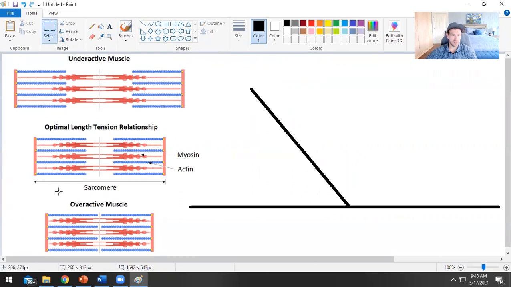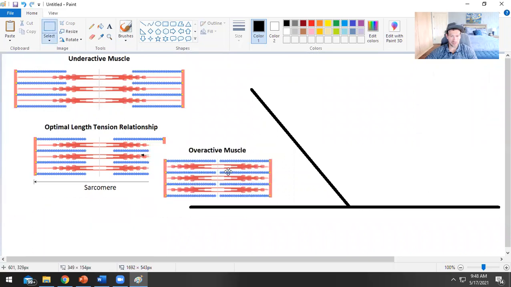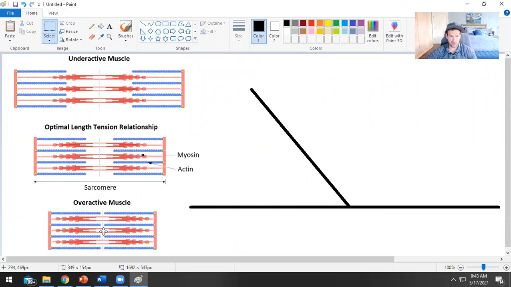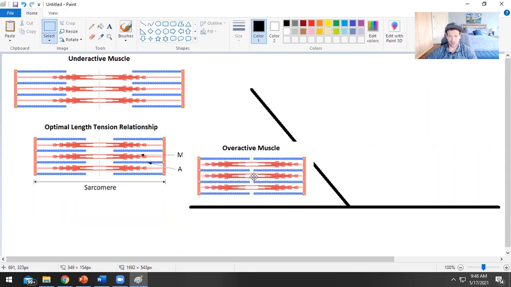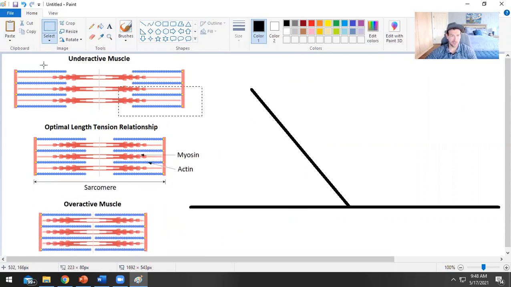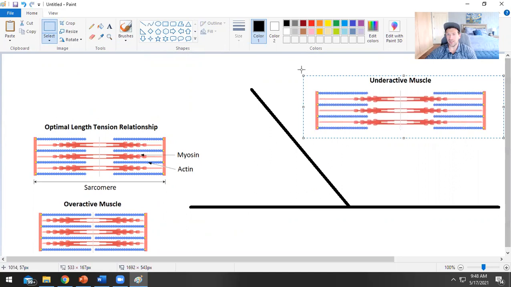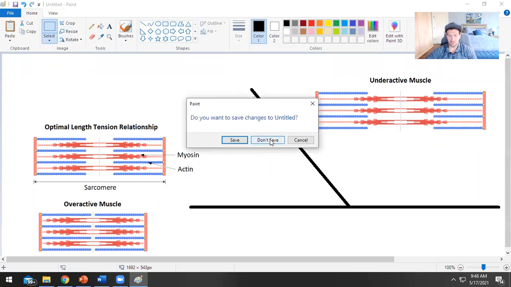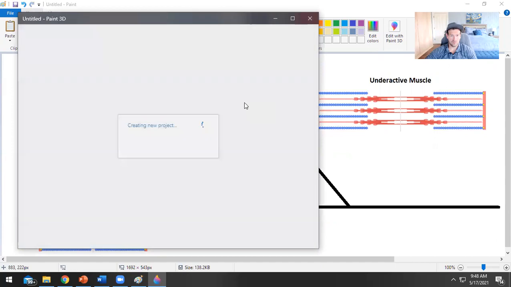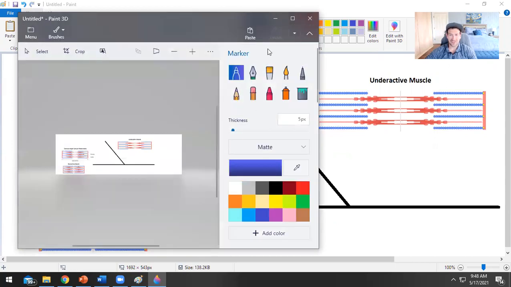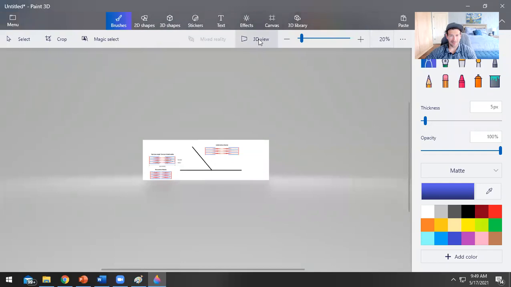So we've got this overactive muscle here. Uh-oh. I'm running out of room. Let's start with the underactive one. We got this underactive muscle on this side of the joint that really, like I said, is just not pulling as much as it should be, right? I really wish I could just, what does this do? Trying to figure out how to draw a freaking chart here in real time.